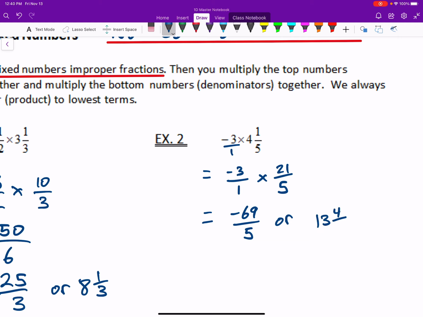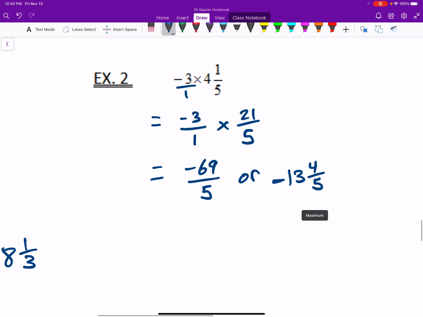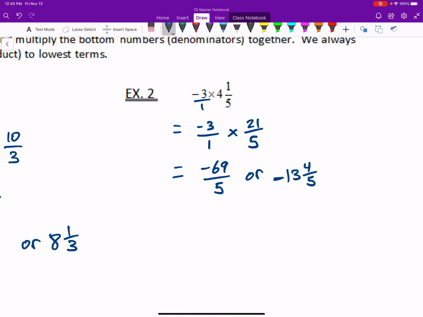So it's 13 4/5, and just put the negative sign out in front of the whole number. So I stick it way out in front. So I only put one negative sign there out front. Never, never, never should I ever see a negative sign in the fraction like there. Shouldn't see one there. Should never see one at the bottom. Never. If the number's negative, it goes out front, okay?